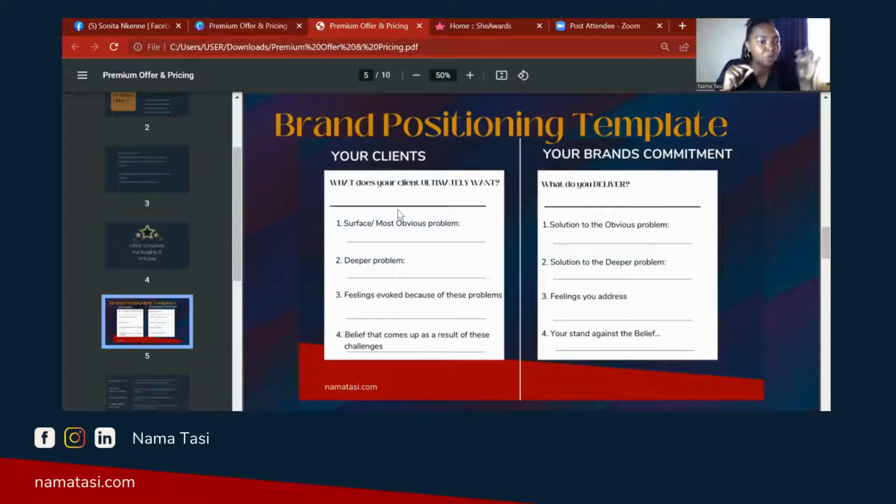It could address 1, 2, 3, 4 things, but it doesn't deliver on the result that the 12-month coaching program does. And so the 3-month offer is not premium. It could be highly priced, but it isn't a premium offer because it doesn't solve your client's problem, okay? They will need to get into the 12-month coaching program in order to solve their problem.